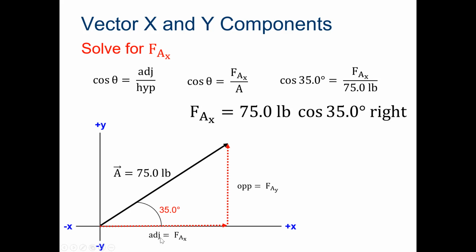Since component force AX is adjacent to our angle, we're going to use cosine, adjacent over hypotenuse. So cosine theta equals force AX over your hypotenuse. With some simple algebra, force AX equals 75 pounds multiplied by cosine theta to the right, and you should get force AX equals 61.4 pounds.